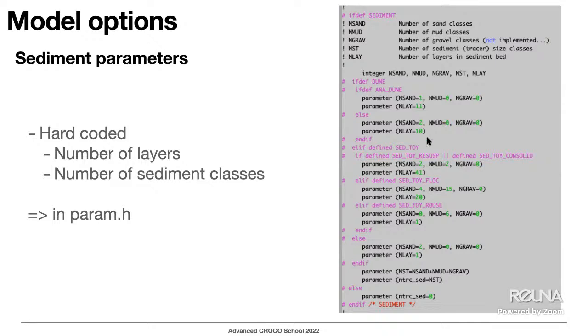For this one, you have 2 and 10 layers. For this one, you have a lot of layers. You have sand, but also sediment which is some kind of what we call mud, a sediment with a cohesive property in the bed. So you have those parameters to change: sand, mud, grav and lay. And the number of sediments is the sum of those three.